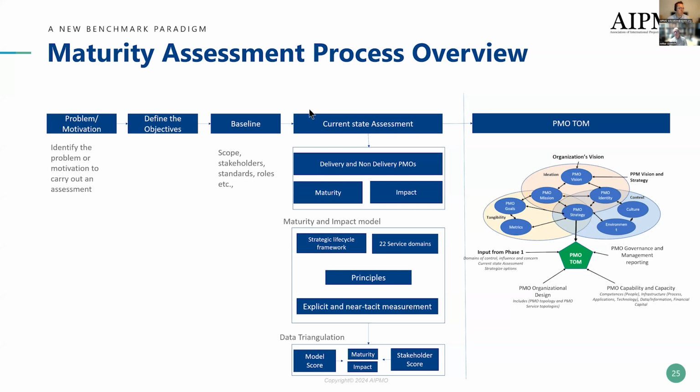We look at the difference between the two. So we've got delivery PMOs and non-delivery PMOs. For example, a COE may be delivering a service, but not delivering directly into a project.